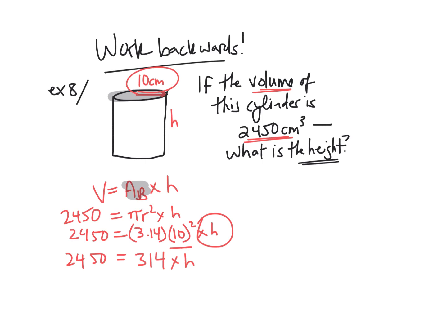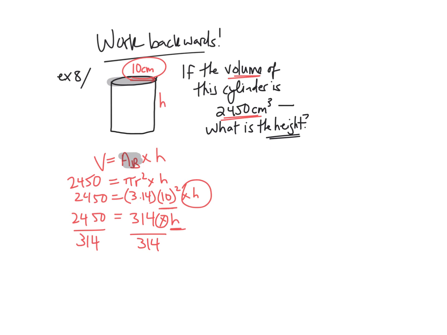So because we're multiplying here, if we want to isolate the h, we divide. We do the opposite, and then we make sure we do the same operation to both sides, okay? So h is going to ultimately be equal to 2450 over 314. What happened to 314 on this side? Well, because we divided it, it canceled out.